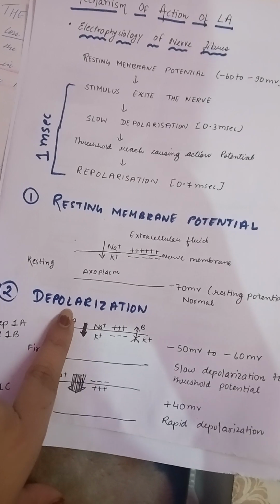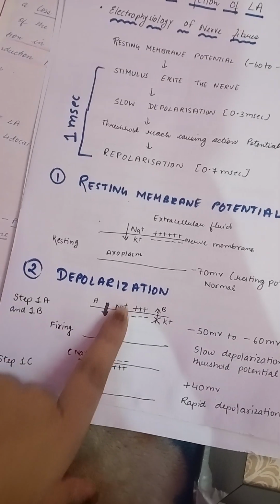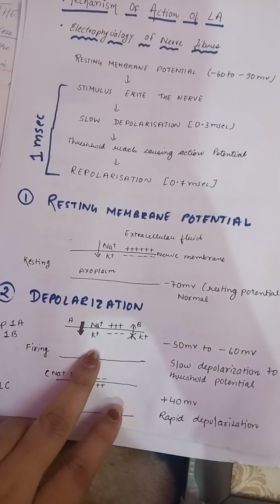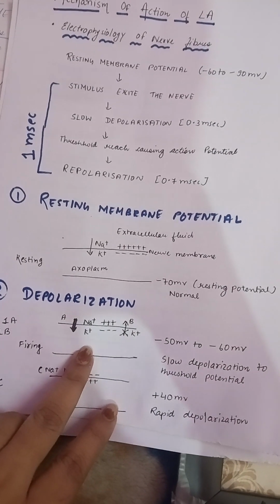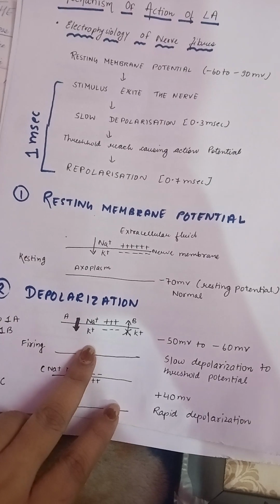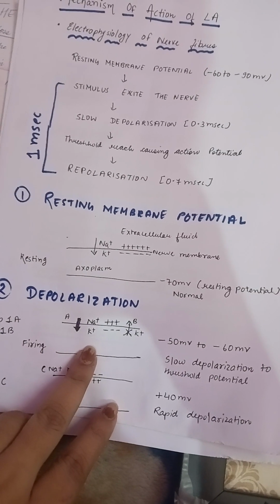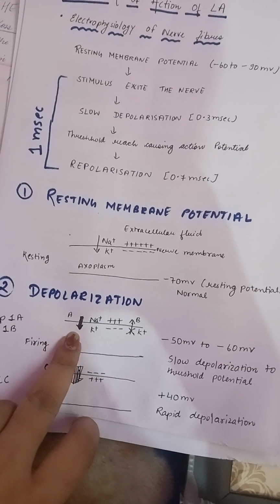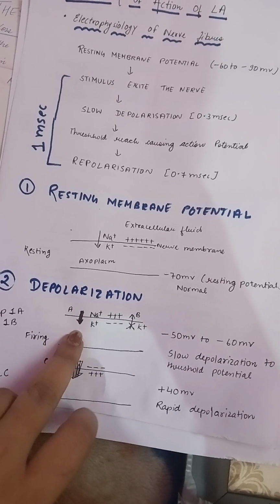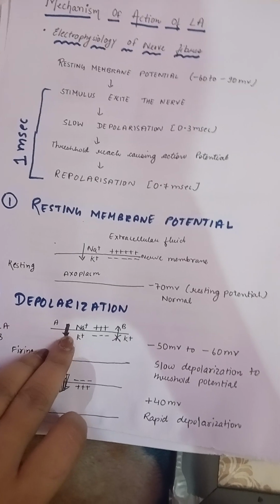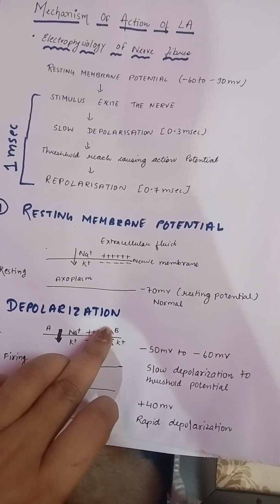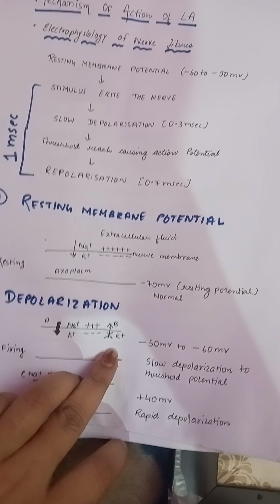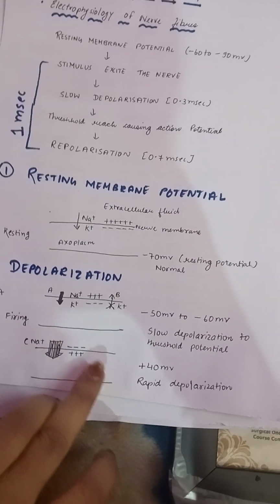Now coming to depolarization. Depolarization is divided into step 1A, 1B and 1C. First there is slow depolarization and we reach threshold. What happens there? Na plus influx increases and K plus outflux is decreased or inhibited.